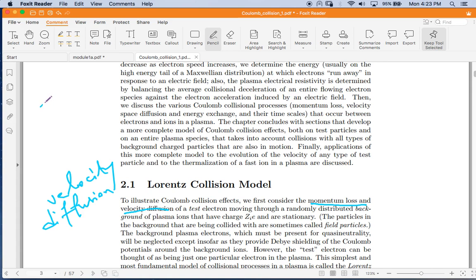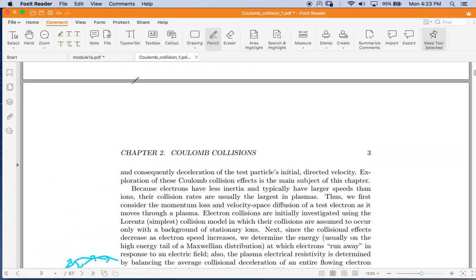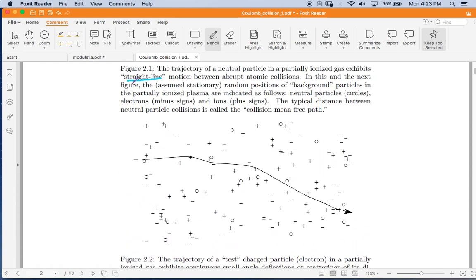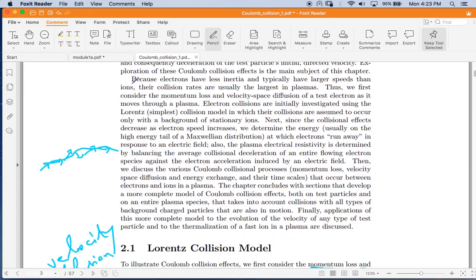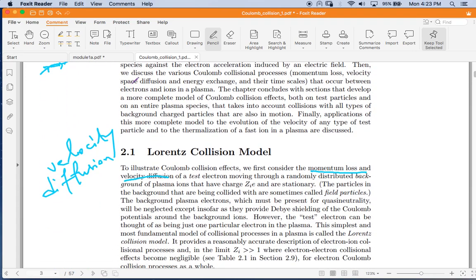So you started out with a velocity vector that looked like that, and then after one collision it looked like that, and so on and so forth. It's very much like a random walk, and you join these together, and that's kind of how it looks, somewhat like this. Random walks and diffusions go hand in hand, hence this emphasis on velocity diffusion. But let's keep that aside for the time being. Let's simply concentrate on momentum loss.